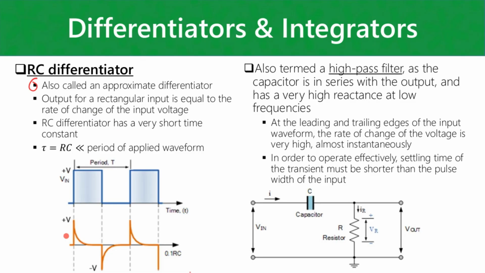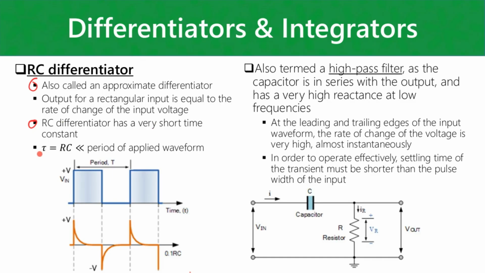The reason why we get these sharp pulses is that essentially the slope of the square waveform there is theoretically infinite. And you guys will see an RC differentiator also has a very short time constant as well.